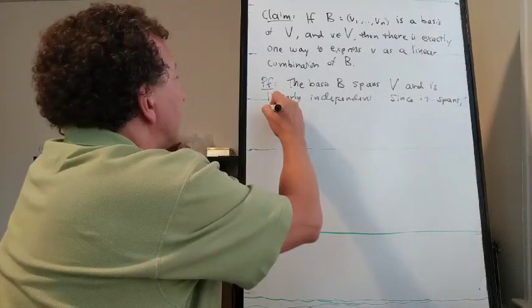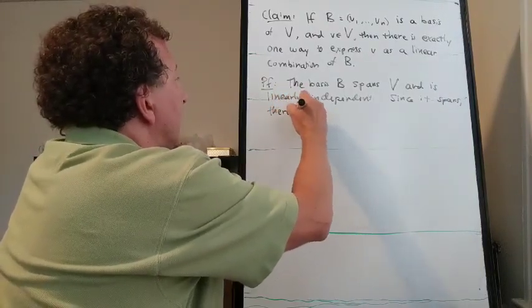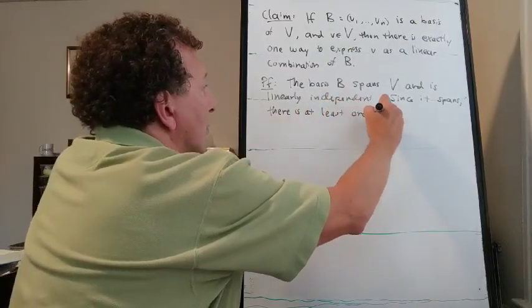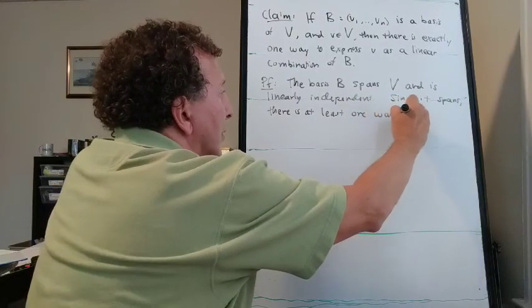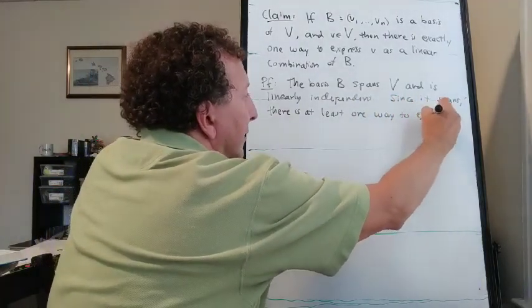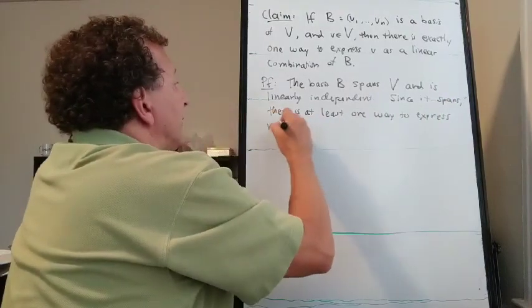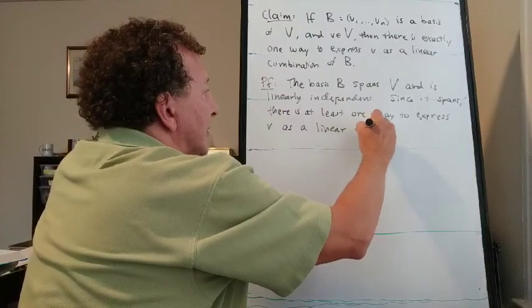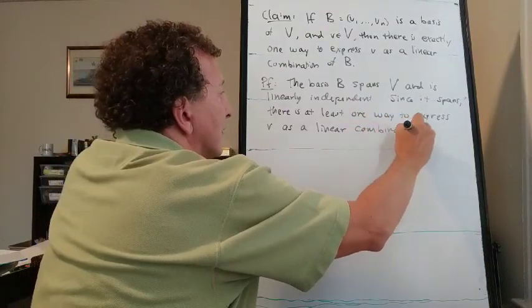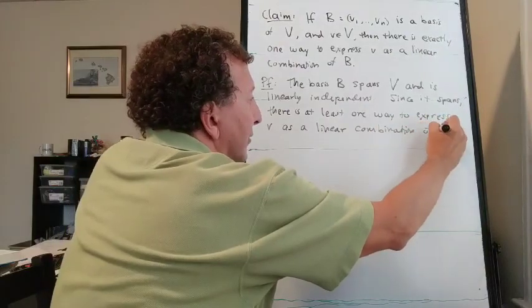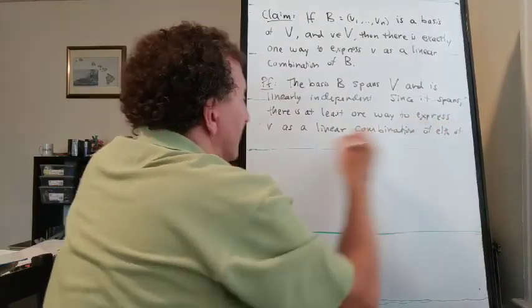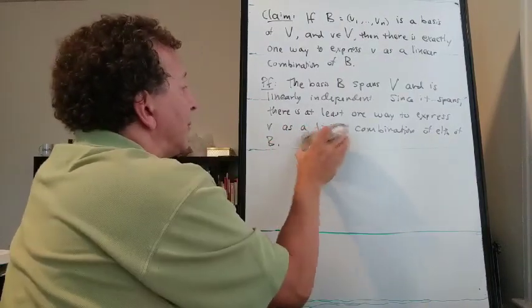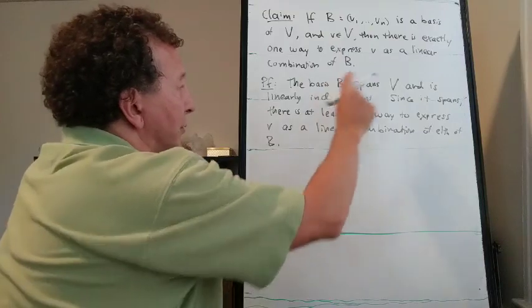So since it spans, there is at least one way to express v as a linear combination of elements of B. So spanning gives us that.